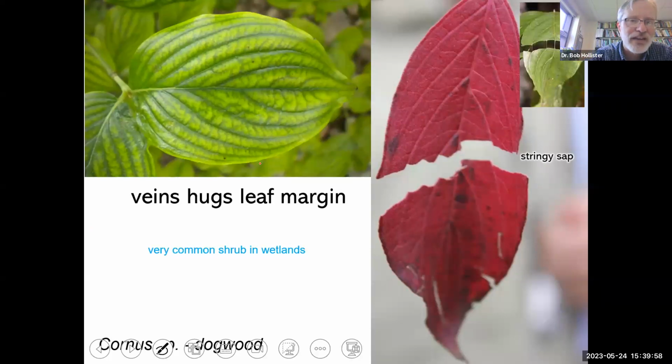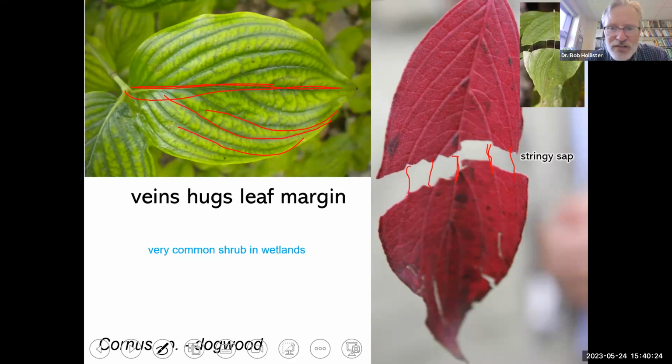So again, here's those veins that hug. They look almost monocot-like, but they're not monocot because we've got a strong midvein. Right? And then the really easy thing is if you break one of these, there's little stringy veins.